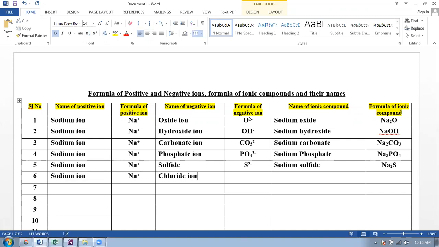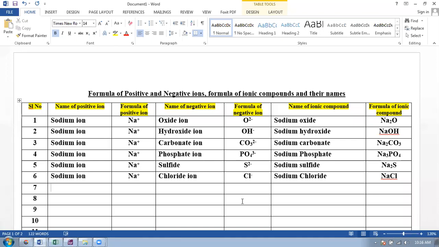Again sodium ion, and here chloride ion, Cl minus. Sodium chloride, NaCl. Sodium has 1, chloride has 1. Ignore the signs, plus or minus, while writing the formulas.